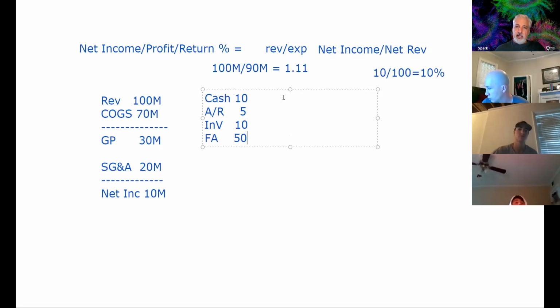And then I'm going to have my liabilities. I'm going to have accounts payable. Let's say, you know what? I'm going to change this just to make it round numbers. I'm going to add that to 30.